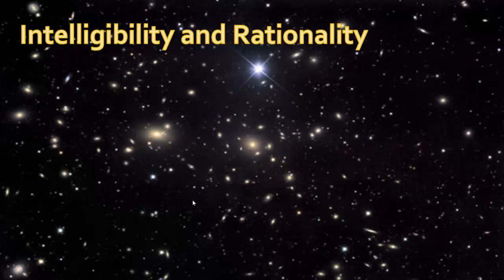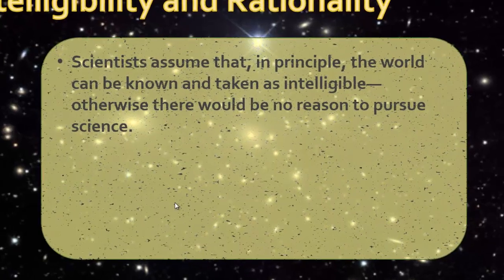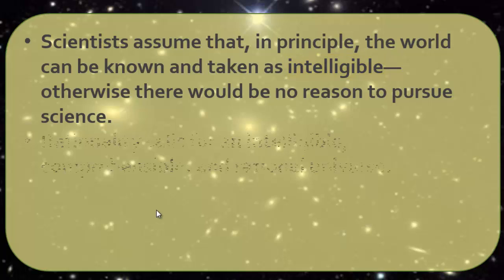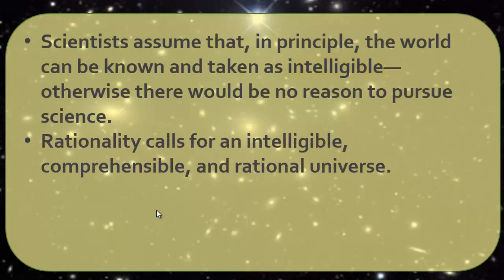And then our universe has intelligibility and rationality. What do I mean by that? All scientists and all human beings assume that in principle the world can be known and taken as intelligible. Otherwise we would never pursue science if we knew that the world cannot be understood. Rationality calls for an intelligible, comprehensible and rational universe.